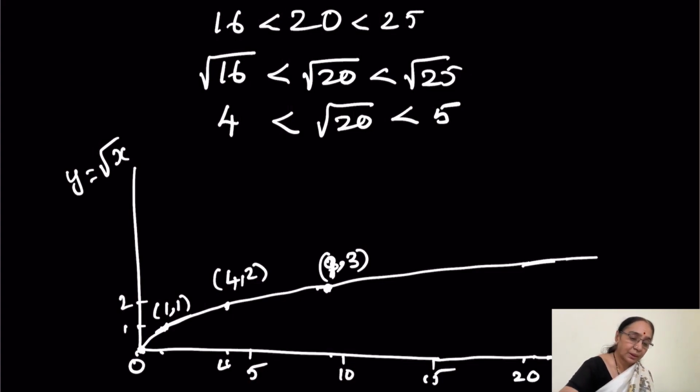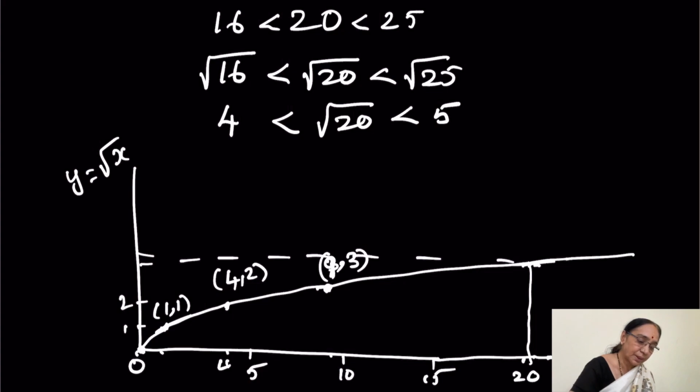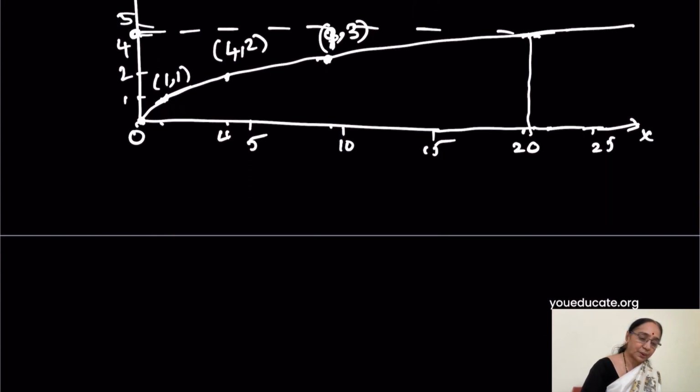Now when I extend this graph and draw this vertical line, I can read approximately the value. So that will lie definitely between 4 and 5. You can see what it is using the graph. So all these are some ways of extracting square roots for non-perfect square numbers.